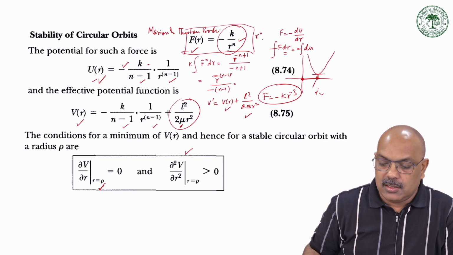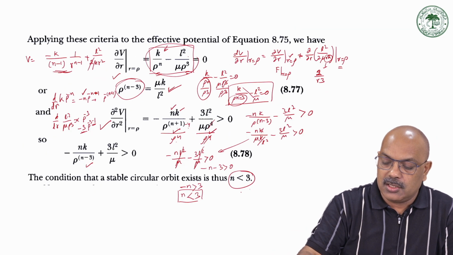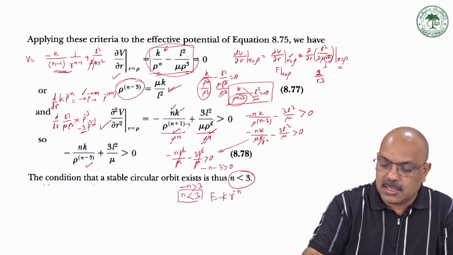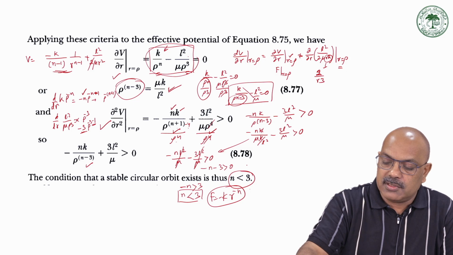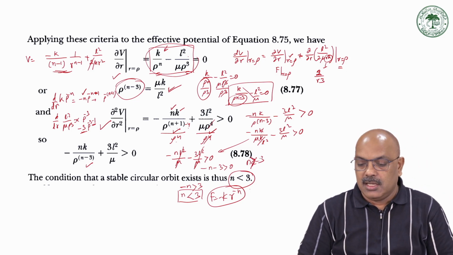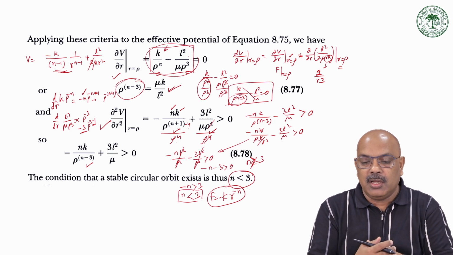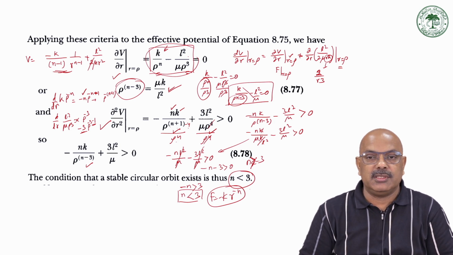The condition for the force f equal to minus k r to the power minus n minus 3: earlier it was n greater than minus 3, and now it is n less than 3. So both are the same, depending upon what kind of potential you are considering.